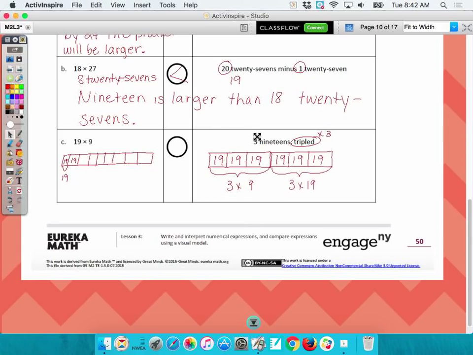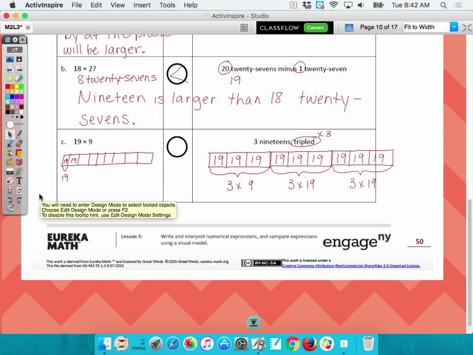So there's 1. Because I have a total of 3, right? Yep. So how many 19s do I have there? 1, 2, 3, 4, 9 19s. And how many 19s did I have here? 9. What's the answer? Equal.